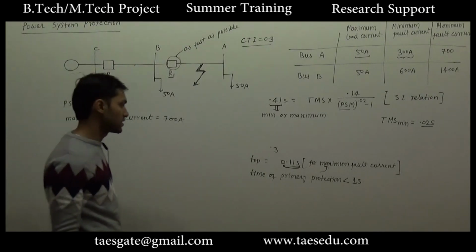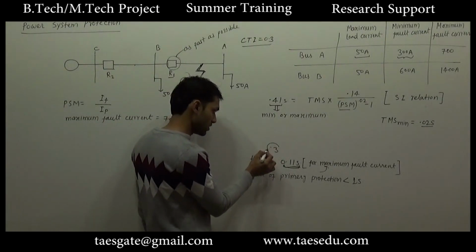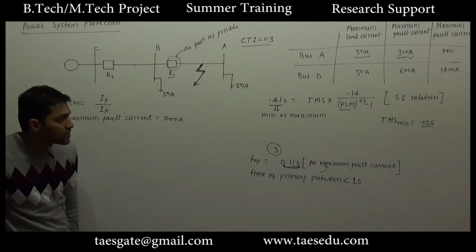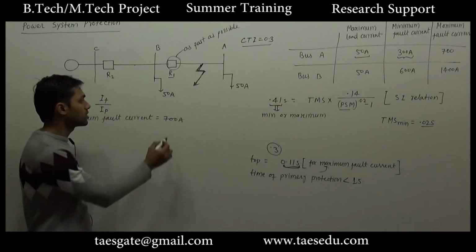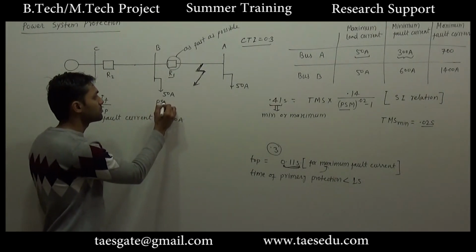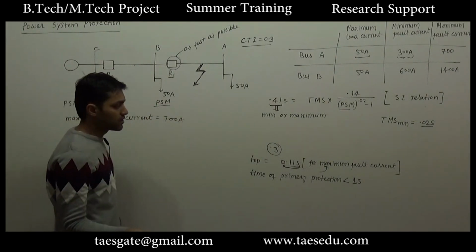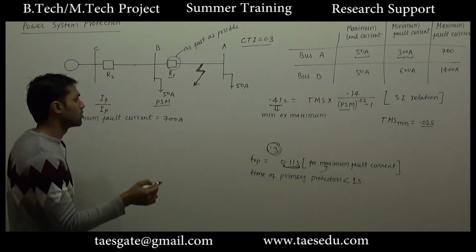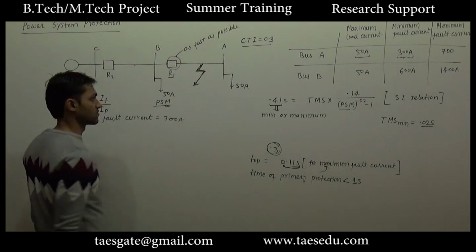And as I said earlier, if the coordination time interval of 0.3 second is achieved for higher value of PSM, then this coordination interval will be guaranteed for a lower value of PSM as well.